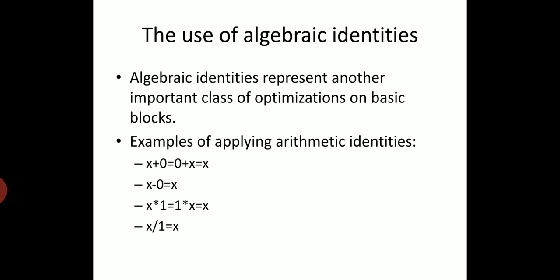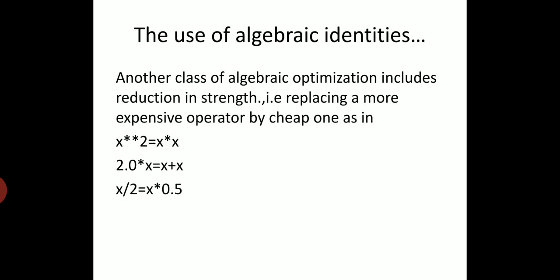The peephole optimization will allow us to perform so many algebraic transformations. So one of the algebraic transformations is using the algebraic identities. Here x plus 0 is same as 0 plus x, that is same as x. X minus 0 is same as x. So like that, identity based transformations can be applied so that we can execute the code faster.